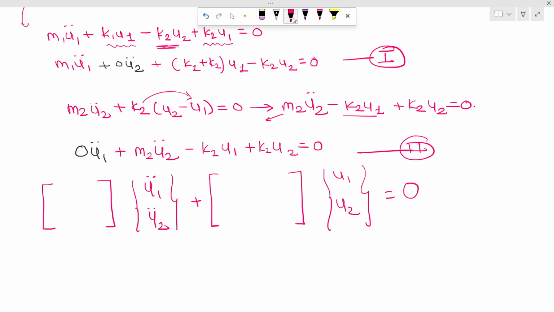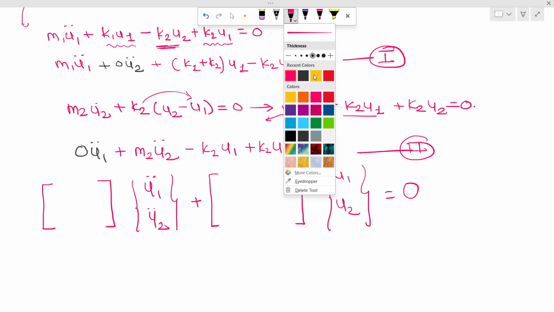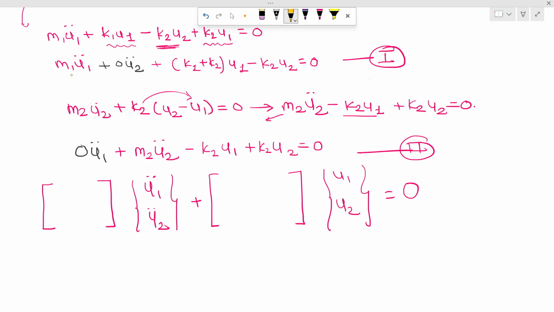Okay, now focus on this equation. M1 U1 double dot, so I can write here M1. Then 0 U2 double dot, so I will write 0. Now in the second equation, the U1 double dot term is 0, so 0. The U2 double dot term is M2, so M2.